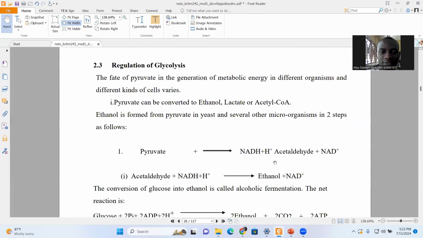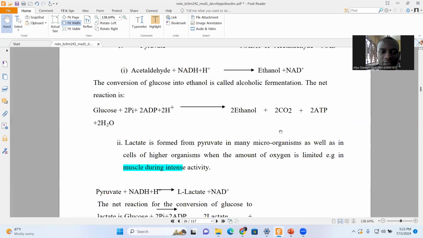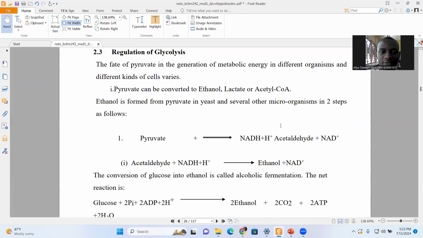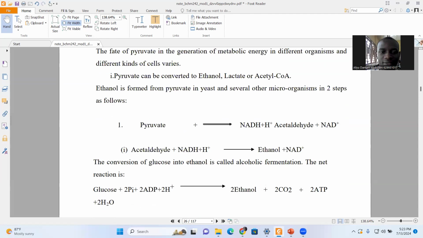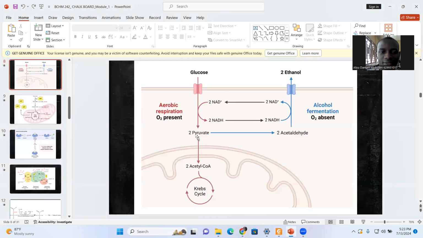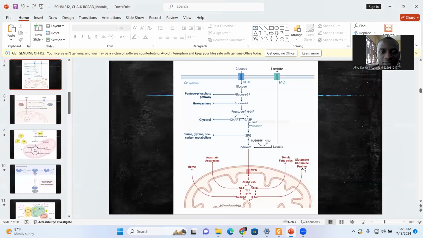Okay, so metabolism in the absence of oxygen. In the presence of oxygen, you have your metabolic flux going from pyruvate to acetyl-CoA and to the citric acid cycle, then to the electron transport chain.